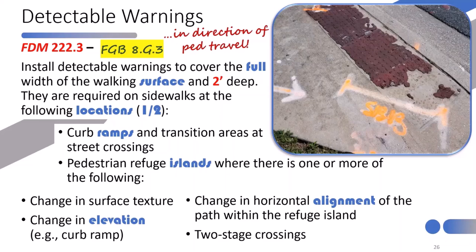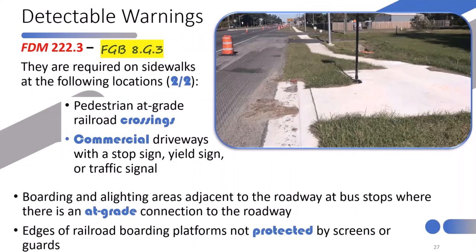And they're required at the areas that you would think of logically, anywhere that the pedestrian facility is going to cross a roadway facility. But there are some other points and locations that are summarized by bullet points on this slide. For example, in pedestrian refuge islands where there are changes in elevation or changes in horizontal alignment, if you have a 2-stage crossing or a change in surface texture, all those locations would require a detectable warning surface.